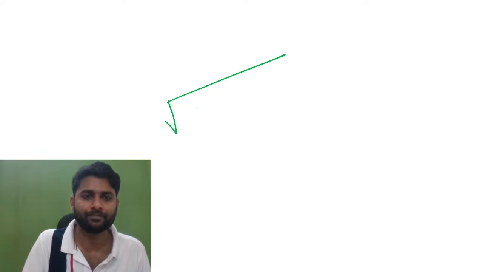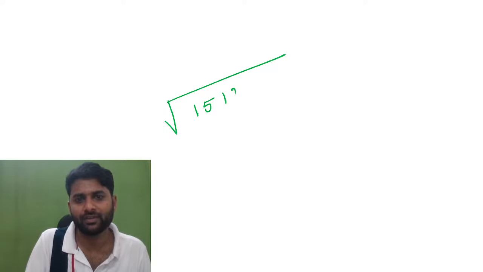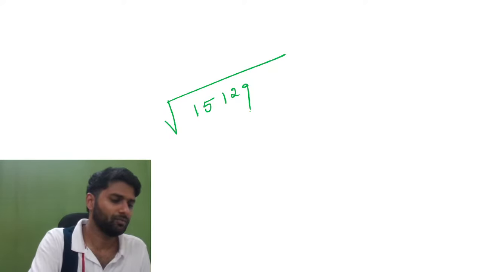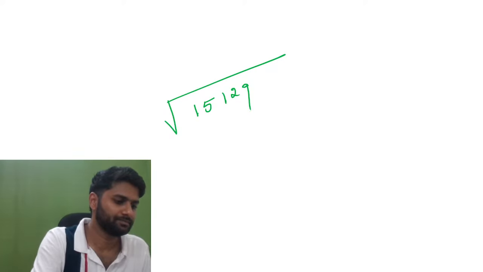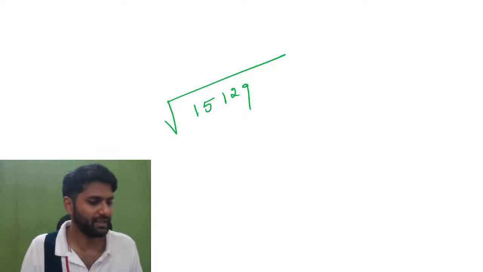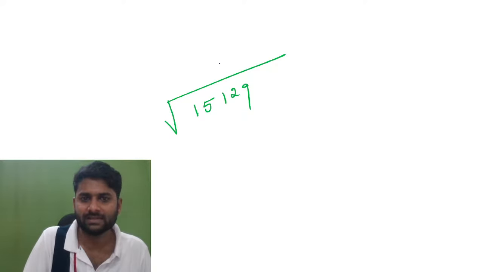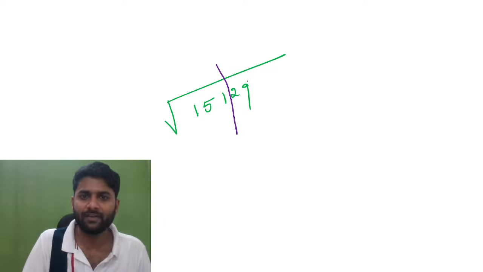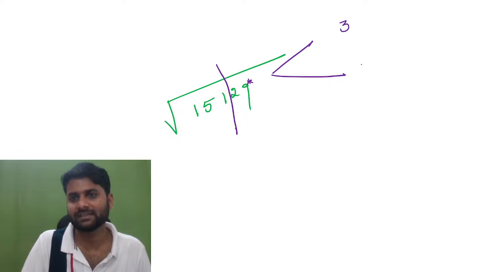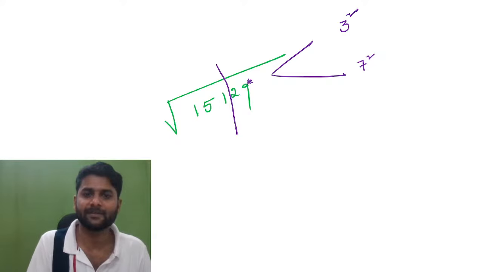Let's go for 15129. What about the answer? 15129. So step number one, separate the last two digits. Identify the units place. 9 as units place gives 3 square and 7 square.